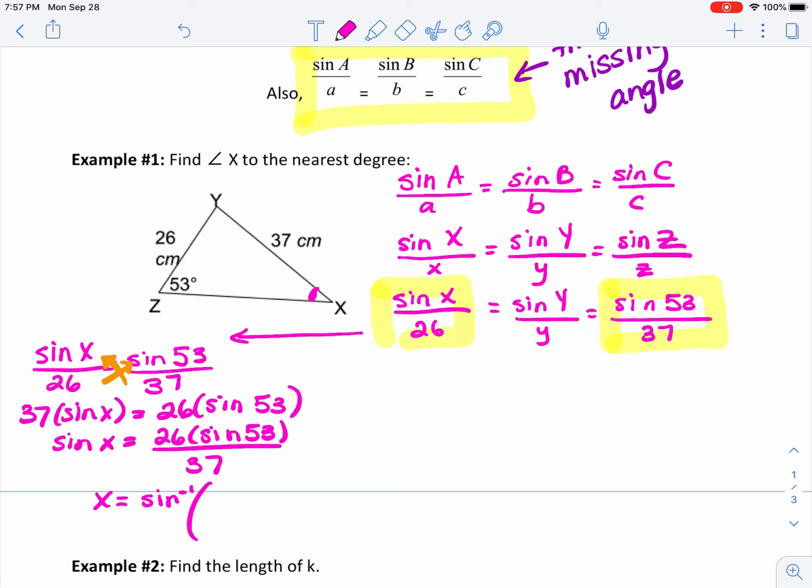You can do this in multiple steps, or you can write it all out like I did here and do it all in your calculator at once. Doesn't matter. 26 times sine 53, divide by 37, and then second function sine, equals, right over here, x equals 34 degrees approximately.